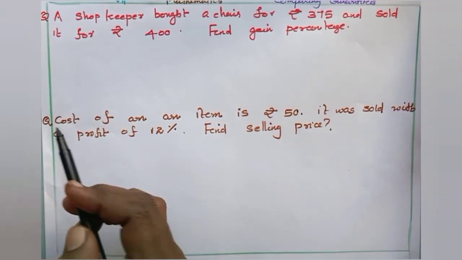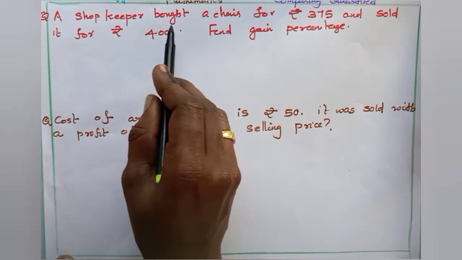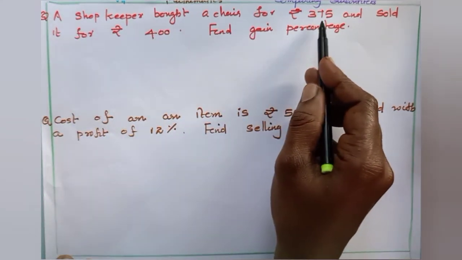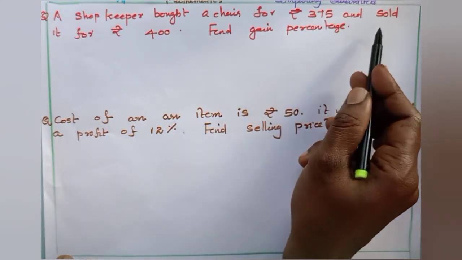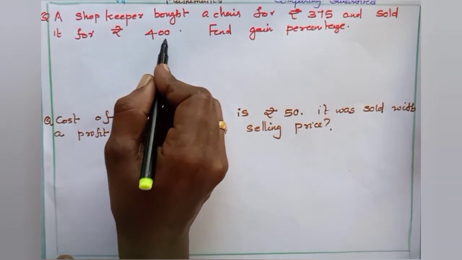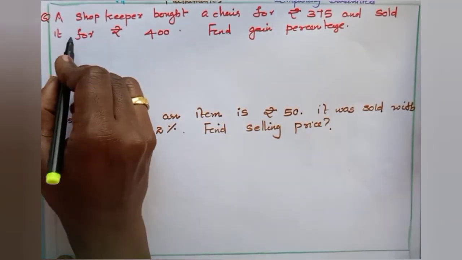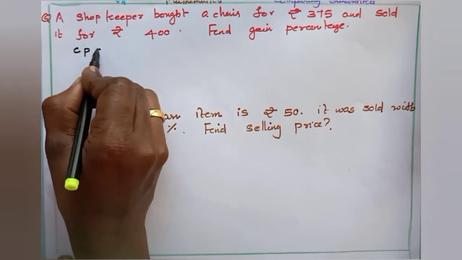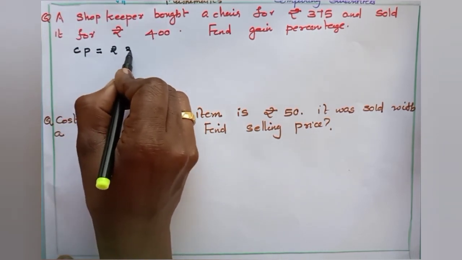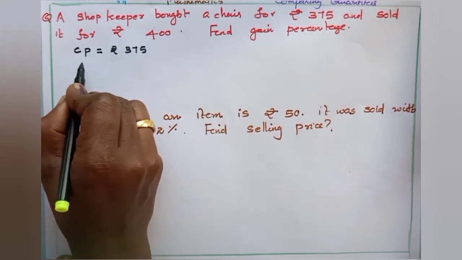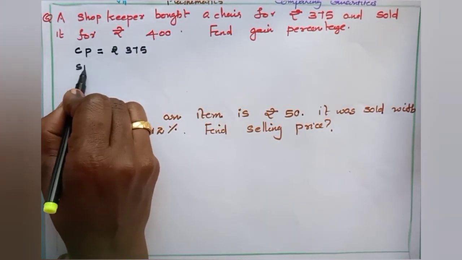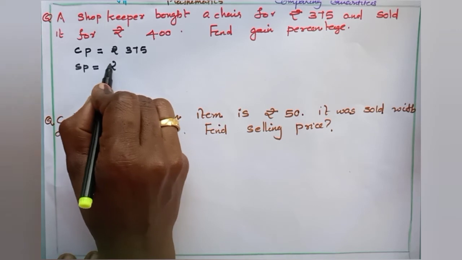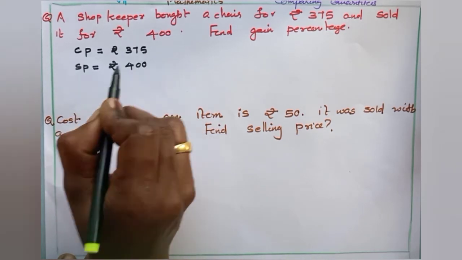Okay, listen to this question. A shopkeeper bought a chair for rupees 375 and sold it for rupees 400. The bought price of 375 is the cost price, so cost price equals rupees 375, and sold at 400 is the selling price, rupees 400.